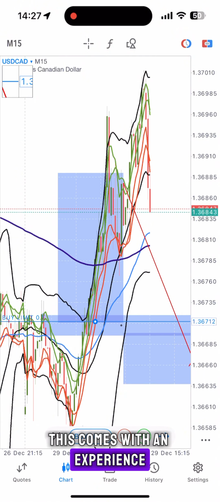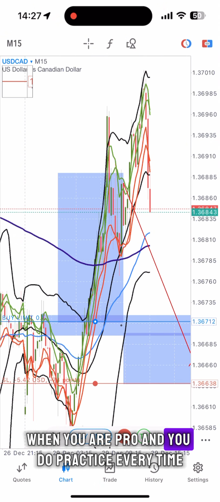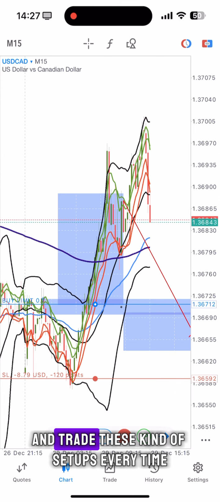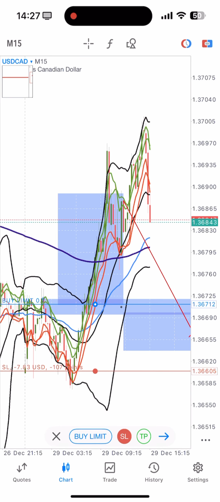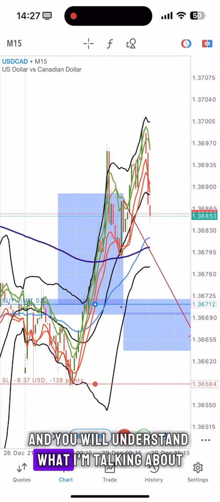This comes with experience, and you need to sharpen your eyes. When you're pro and you practice every time, and you see and trade these kinds of setups every time, you will get familiar with these setups and you will understand what I'm talking about.